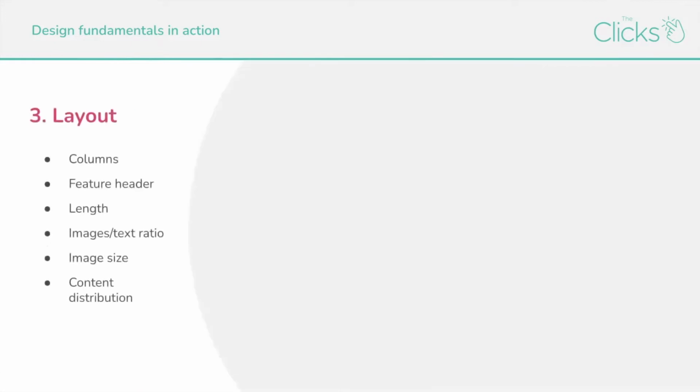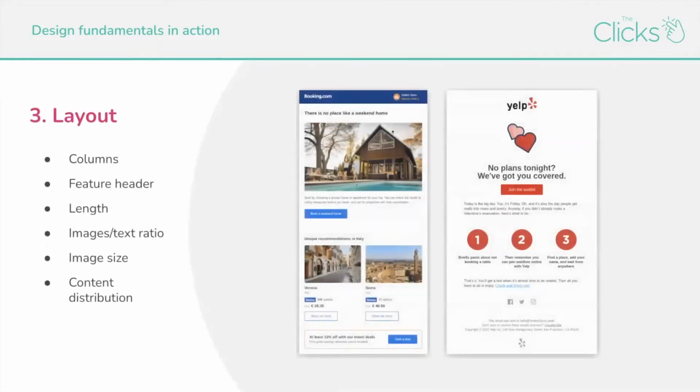And thirdly, we have layout. So layout can include things like columns, whether you've got a feature header or not, the length of the email, how many images you use and the image to text ratio, and also your content distribution. So which content you have where. If you can see in these examples, booking.com includes a feature header, which is one column, one big image.